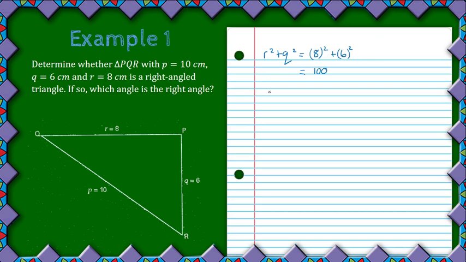Right, and then P squared is equal to 10 squared, which is equal to 100. Now, since P squared is equal to R squared plus Q squared, we can say, therefore, triangle PQR is a right-angled triangle.